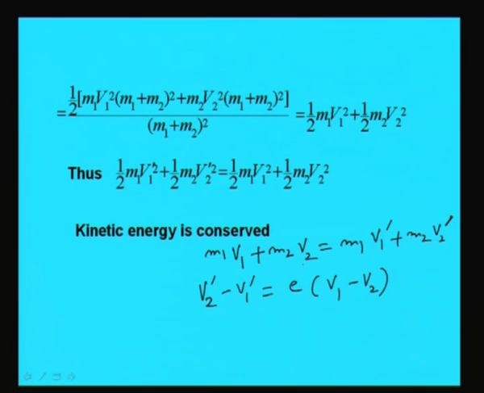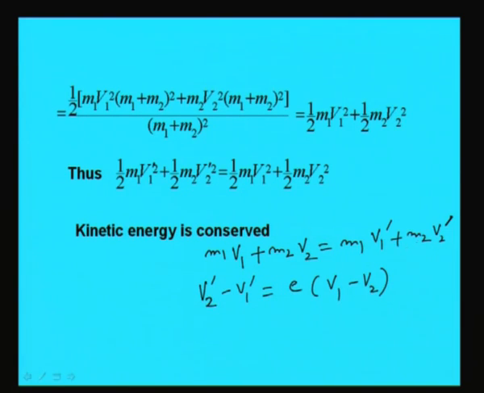The value of e must be known. It is a property that depends on many things: the material, the size of the bodies, and the velocities at which they make impact or collision. But it will be given in the problem.